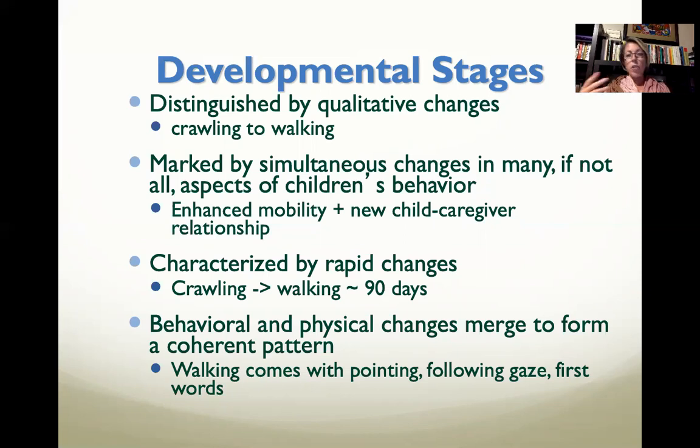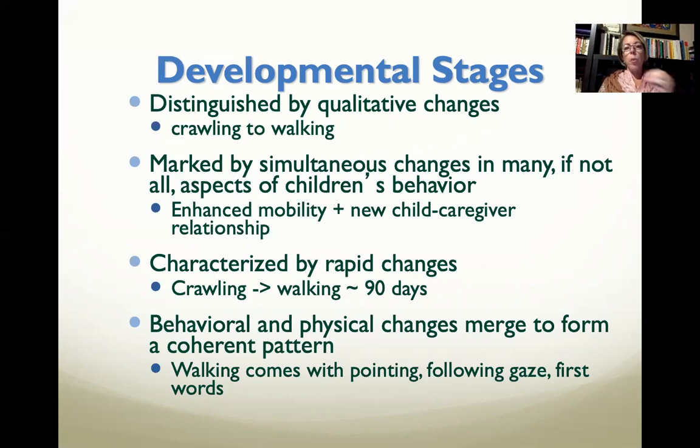Connection to and relationship with parents is different. Our ability to point to, ask for, or talk about objects is greater because we're not using our hands to move around as much. So there's lots of things going on at the same time, and it's a qualitative change.